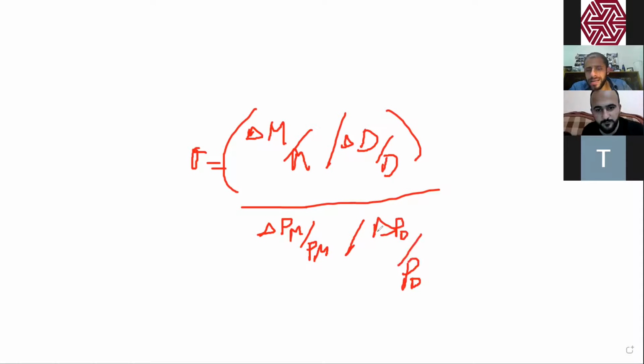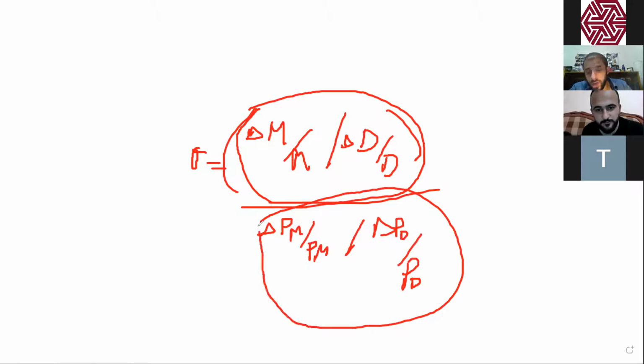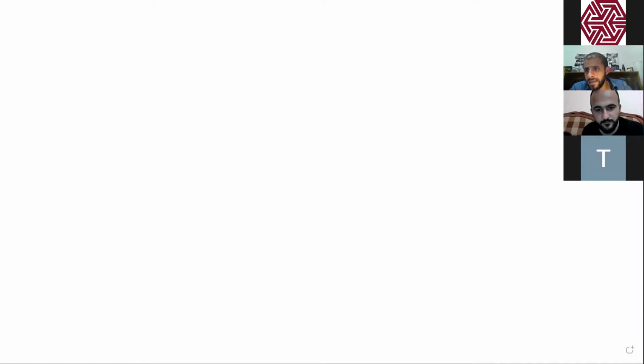So that's more or less the idea. I'm comparing the relative demand for imports with respect to domestic goods to the relative change in the prices of imports and domestic goods. Is that clear?